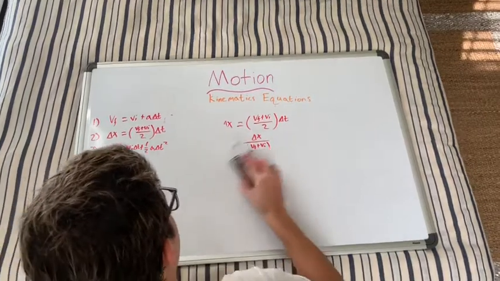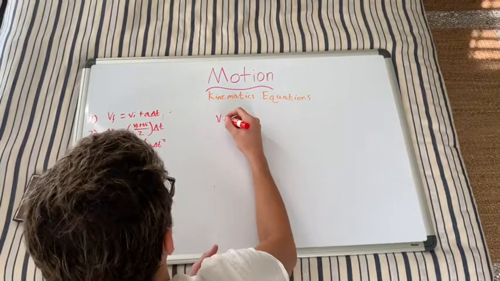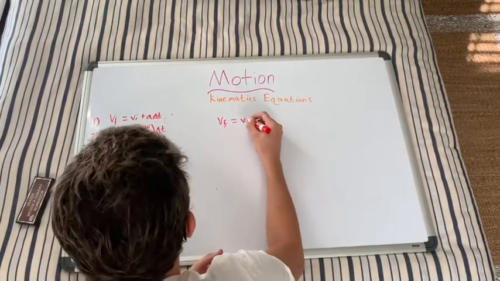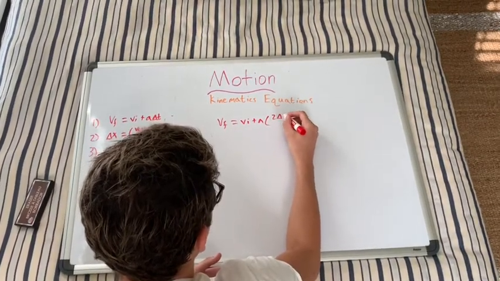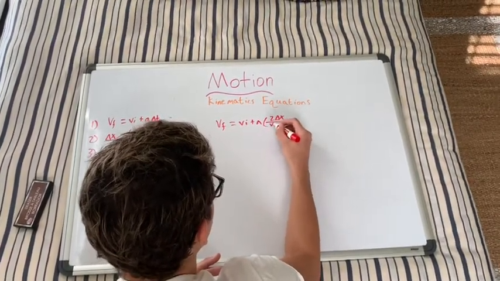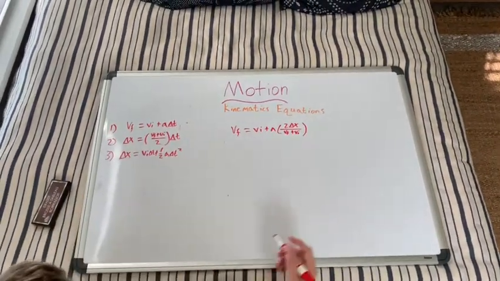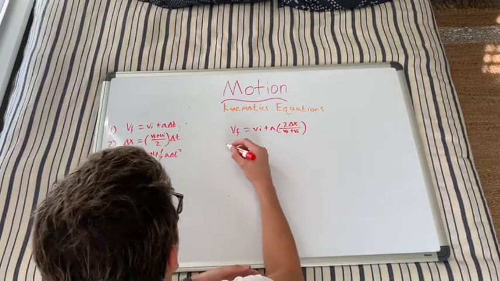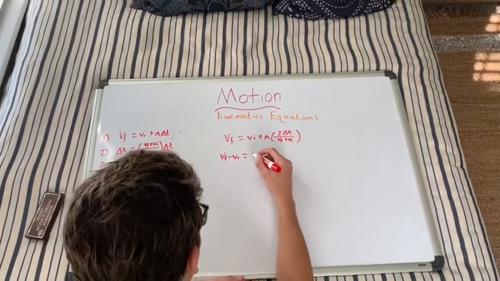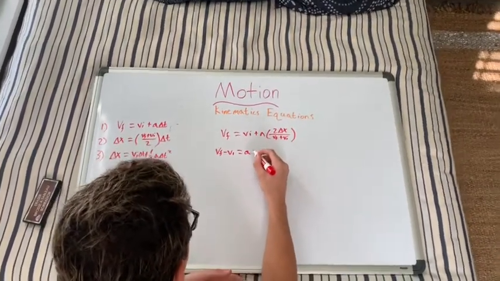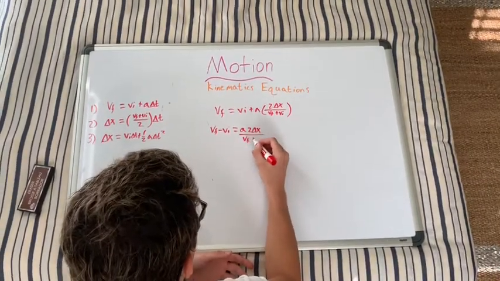So vf equals vi plus a times 2 delta x over vf plus vi. Now we're just going to do some algebra. We have vf minus vi equals a times 2 delta x over vf plus vi.